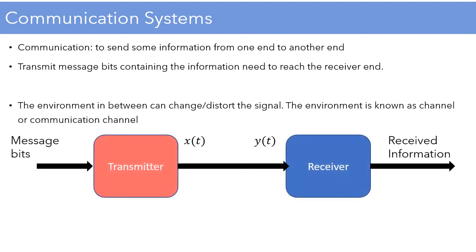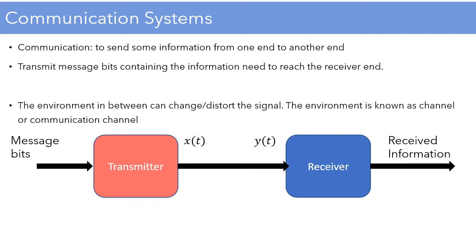So we have some message bits we want to send, and I mentioned earlier the message bits can be a sampled version of some audio or a picture or any encoded message. It goes to the transmitter, which generates a signal x(t), and at the receiver you receive a changed or distorted version of this signal, y(t).